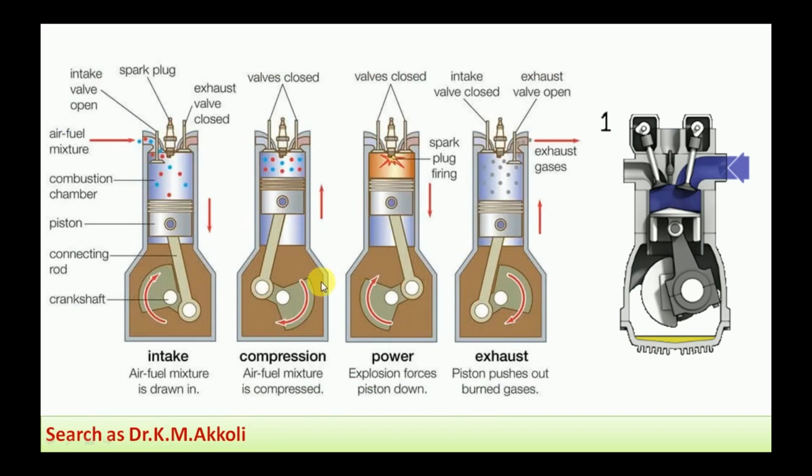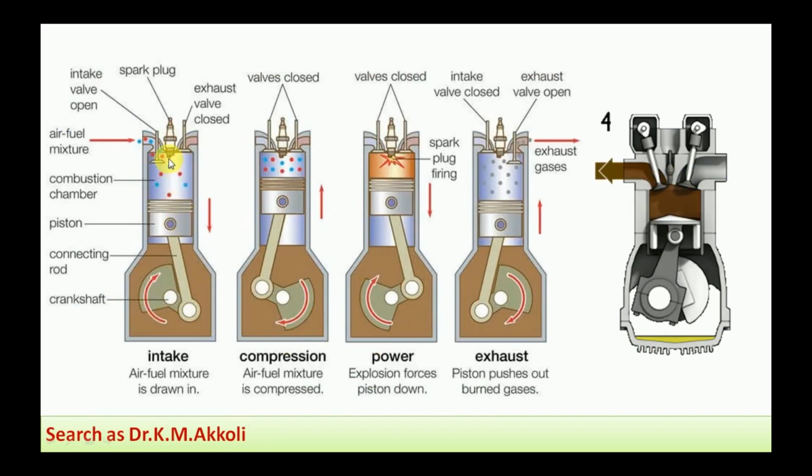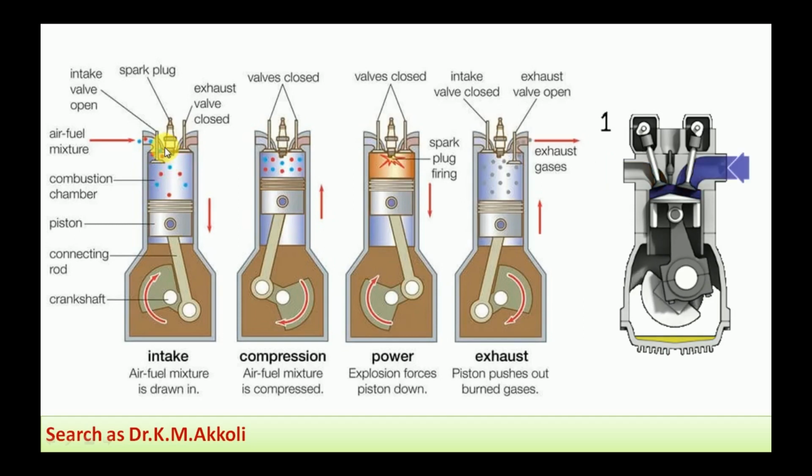Here we can explain the operation of the 4-stroke petrol engine with 4 different positions of the strokes. First we will take the different parts of this engine. Already we have discussed them in the previous session, and once again I will take that.